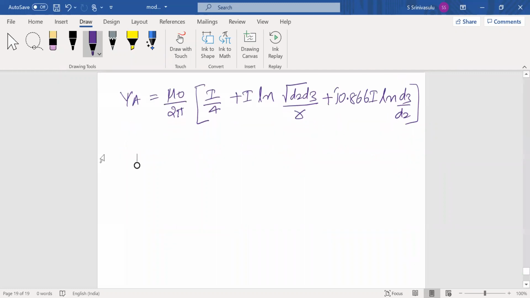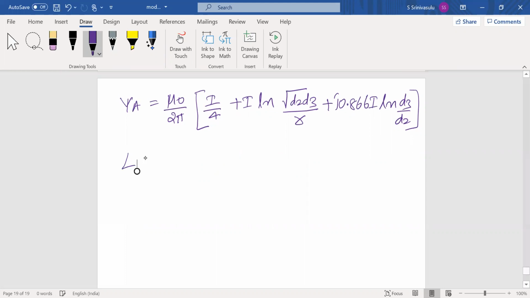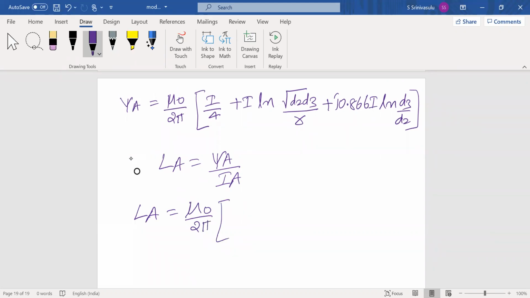After this, what have we done? This is the psi A. Then what can we write for the LA? The LA equals psi A by I A, equals mu naught by pi, and I and I A both get cancelled.